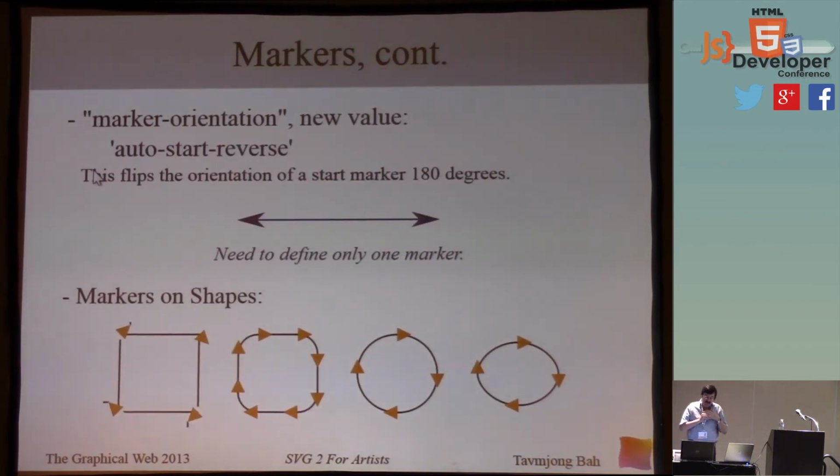Also in the spec recently is marker orientation. It's a new value for marker orientation, auto start reverse. Right now, if you have a line with 2 arrows, 2 markers, and you want them to automatically position themselves correctly, you have to have 2 copies of the marker in your SVG file.